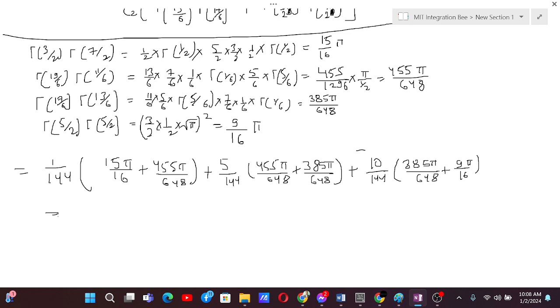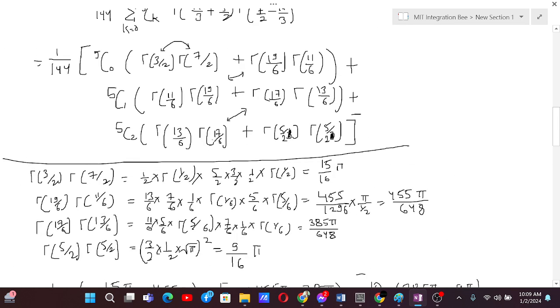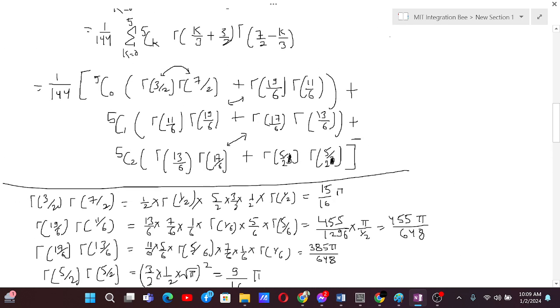Okay, so I added this up, and that gives me 35 by 256 pi. Yeah, 35 by 256 pi is the answer. All of the things we did over here were not hard or complicated.